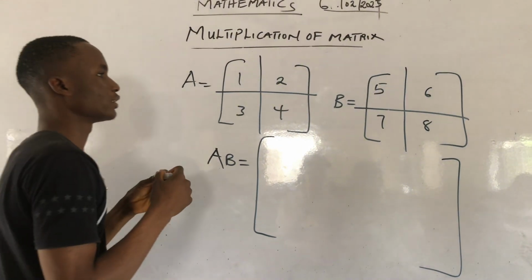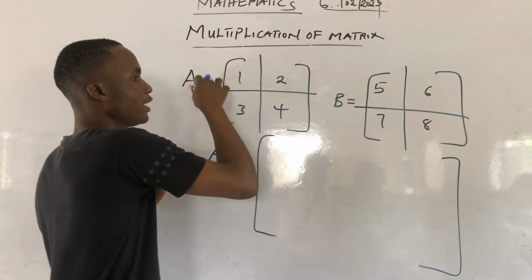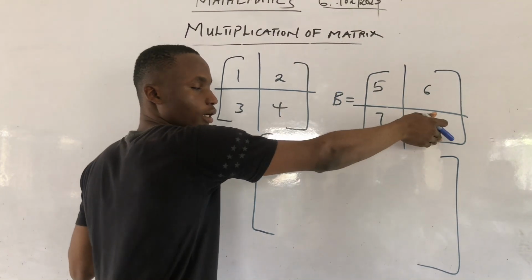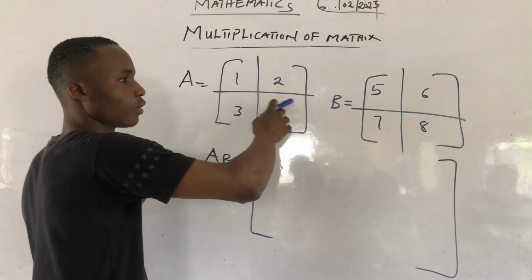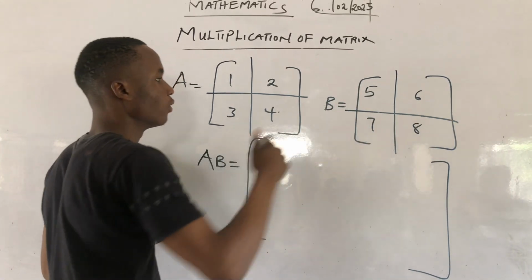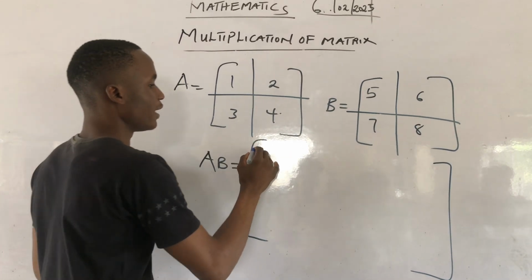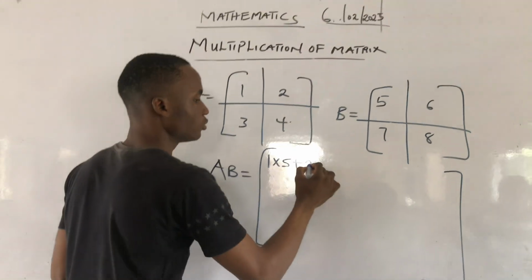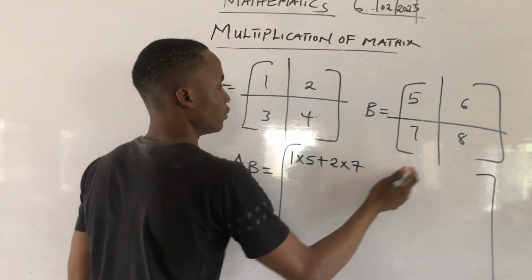How do we do that? So we use the first row of A to multiply the first column of B and also the second column of B. And then we go back to the second one and repeat the same step. Okay, so let's go. So we have 1 times 5 plus 2 times 7. We go back to this angle.